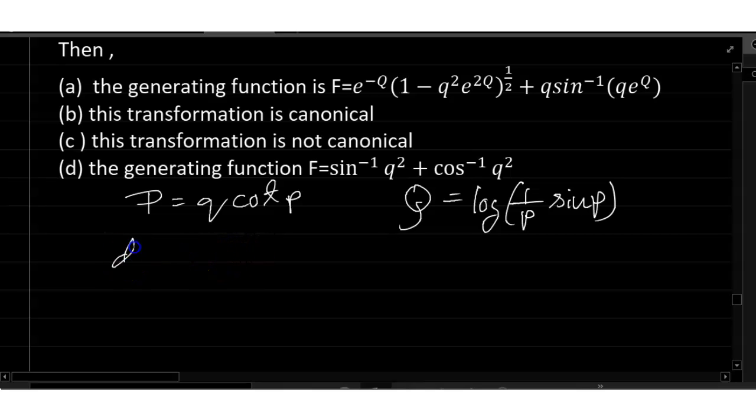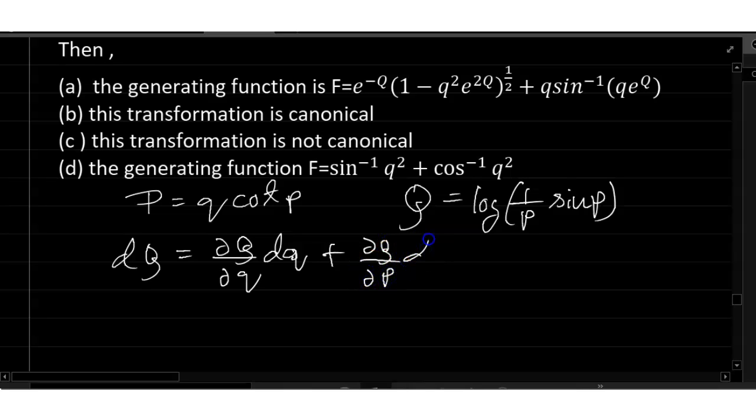The transformation is canonical, so dQ = ∂Q/∂q dq plus ∂Q/∂p dp, and it can be written this way.